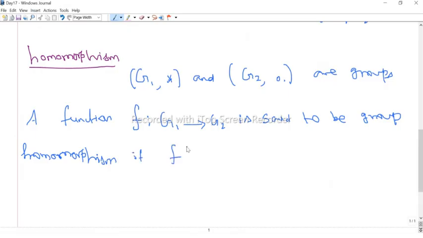That is, if we take any two elements a and b in G1, with the operation star in between, then F of a star b is equal to F of a, but here F of a is in G2, and G2's operation is circle, so F of a circle F of b. So if the function F preserves the operation for any elements a, b in the domain G1, then we say it's a homomorphism.